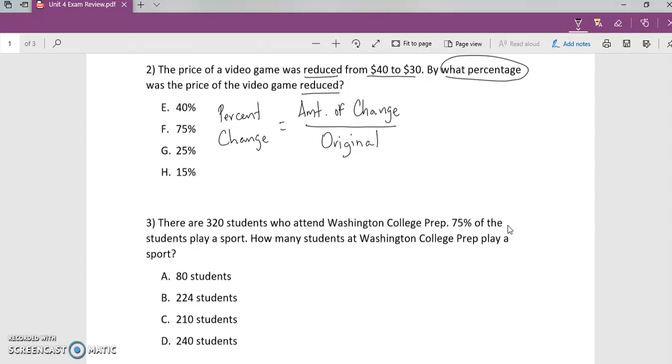So what's my amount of change? I'm starting at $40 and then I go to $30, and my original price is what I started from, which is just 40. So 40 minus 30 is 10, and 40 by itself just moves over, so it's 10 divided by 40.